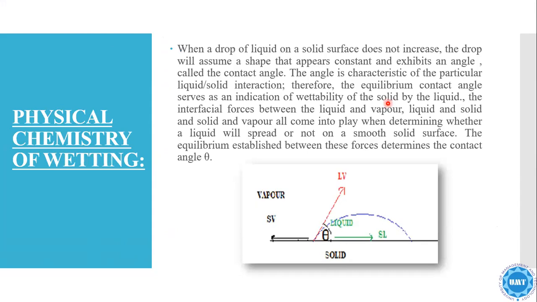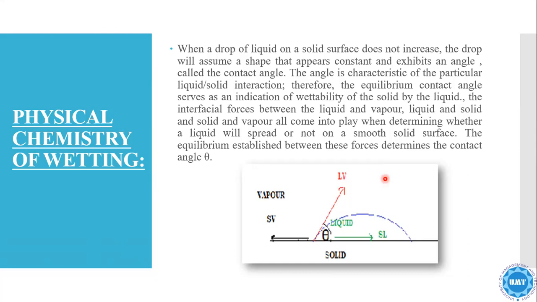Physical chemistry of wetting. When a drop of liquid is placed on a solid surface and the drop does not increase in size, it will assume a shape that appears constant and exhibits an angle, which is called the contact angle. The angle is a characteristic of a particular liquid-solid interaction. Therefore, the equilibrium contact angle serves as an indication of the wettability of the solid by the liquid.